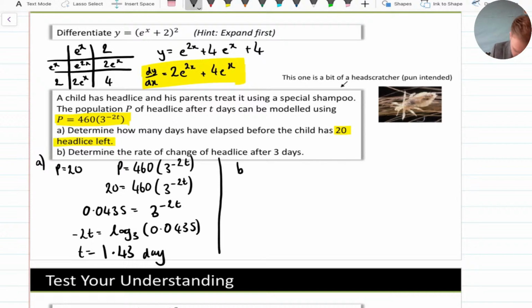That's really important. Because it's not the population, it's the rate of change of the population, which is dP by dt, and now I need to differentiate this. This is the hard part. 460 times by, well, this is going to stay the same. It's going to be 3 to the minus 2t times by the minus 2.